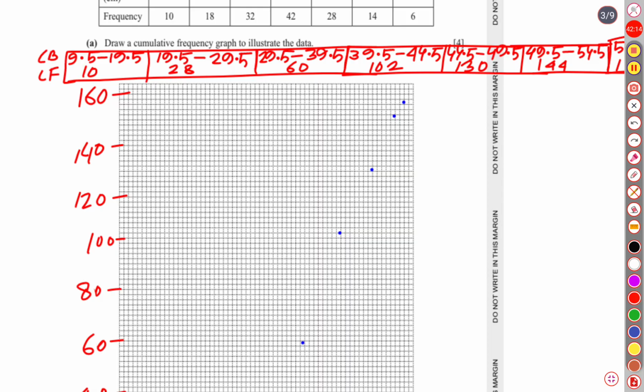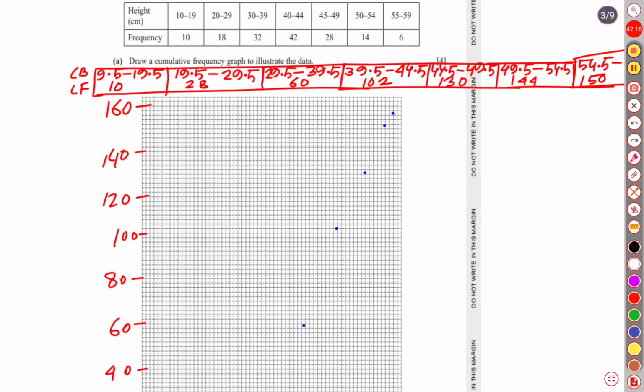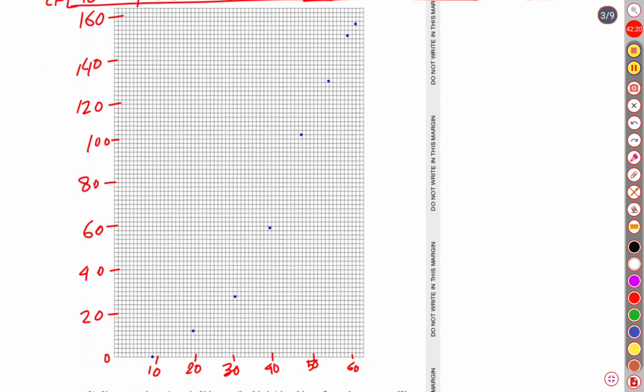Then we will have to connect these points. I'm trying my best to connect the points. It may not look good. Yes, that's how we can connect the points.